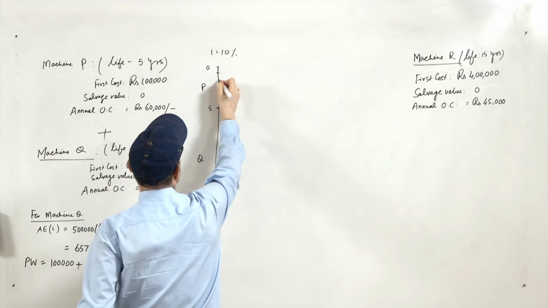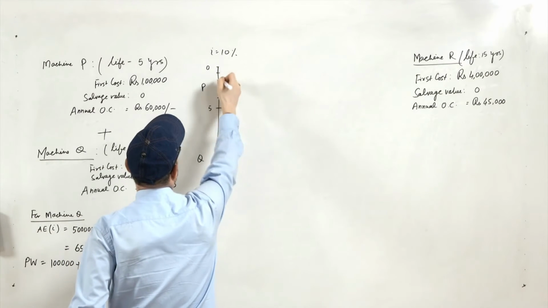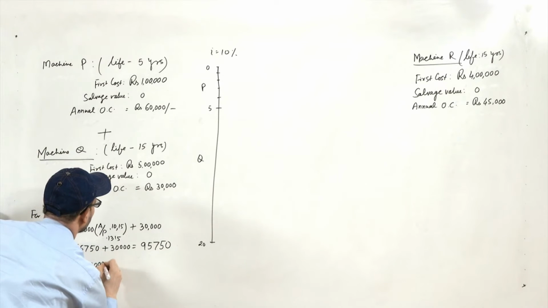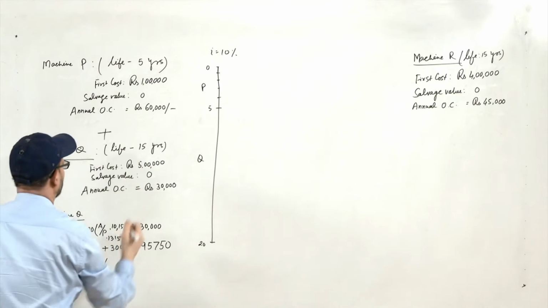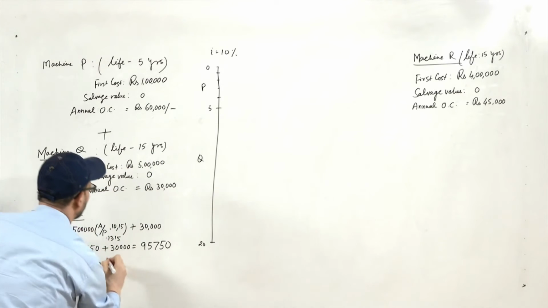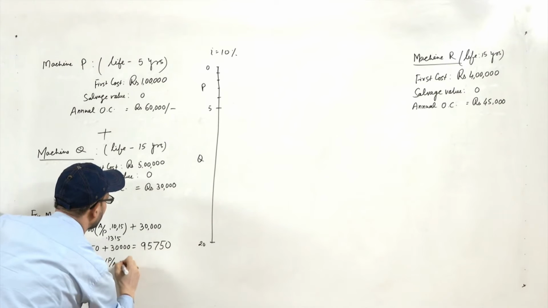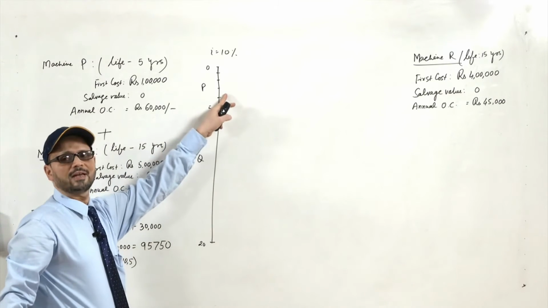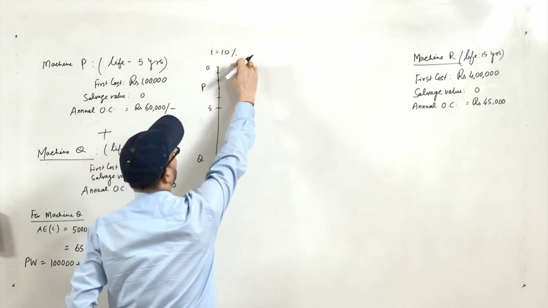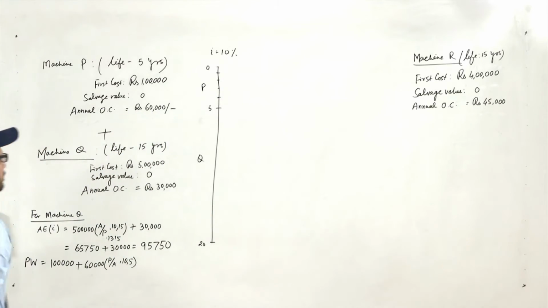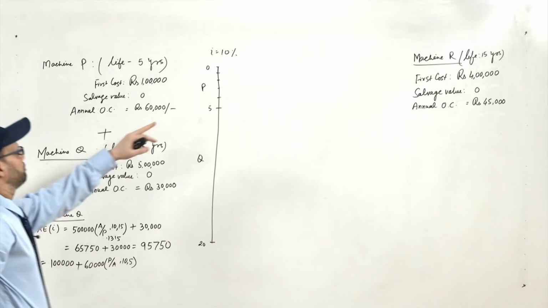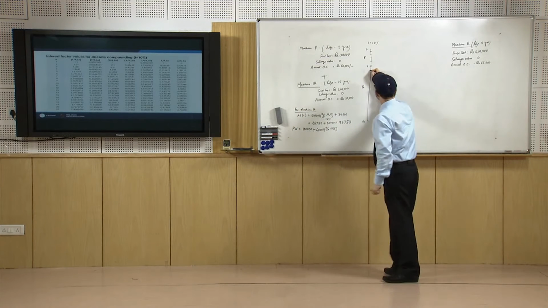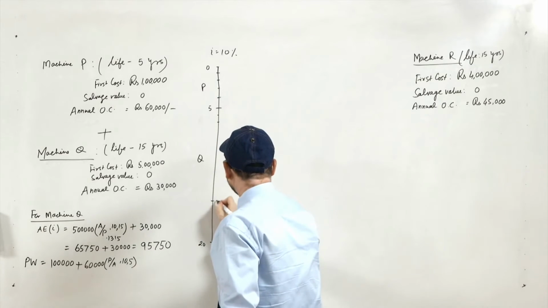So, you have to use 60,000 for 5 years, then P by A 10, 5. The 60,000 which is used every year, its equivalent portion at present time will be P by A 10, 5.